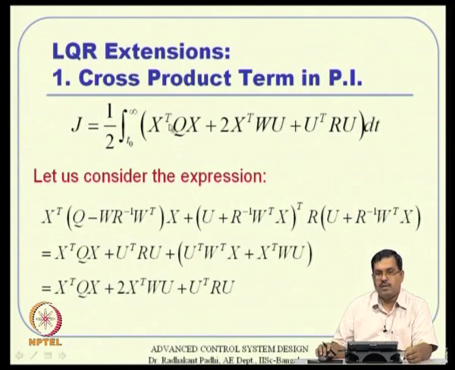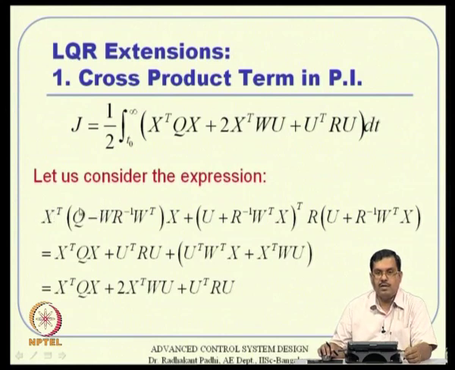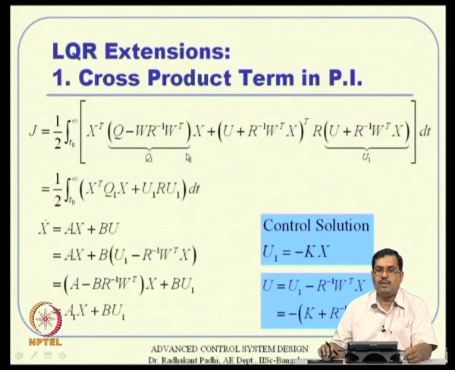So, instead of having this term out there, I can visualize the same cost function in terms of that. Okay. Now, what is the beauty of that? Now, this is my state anyway, so I leave it aside. I can visualize this term as some sort of a different Q matrix, let us call that Q1, and I can visualize this as a different control. Okay. So, with respect to that particular Q and that particular control vector, I now have some sort of a quadratic form, and that is what I am doing here.